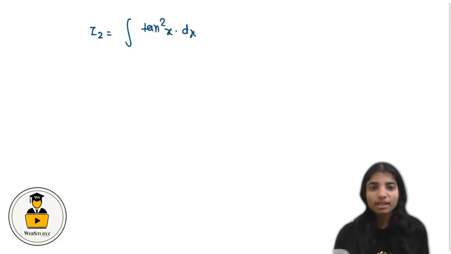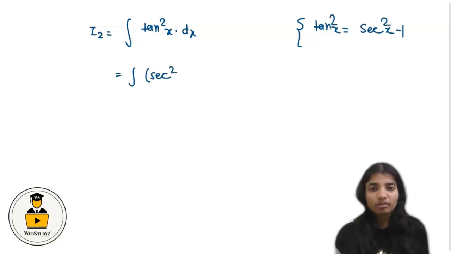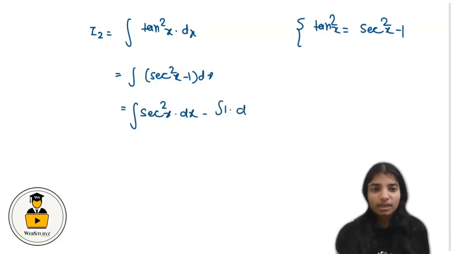In the same way we are going to find the value of I2. So I2 is equal to the integral of tan^2(x) dx. And we know that tan^2(x) is equal to sec^2(x) minus 1. So this is the integral of sec^2(x) minus 1, dx. We can separate the integral: sec^2(x) dx minus 1 dx.